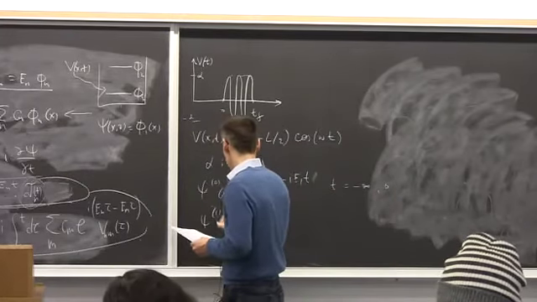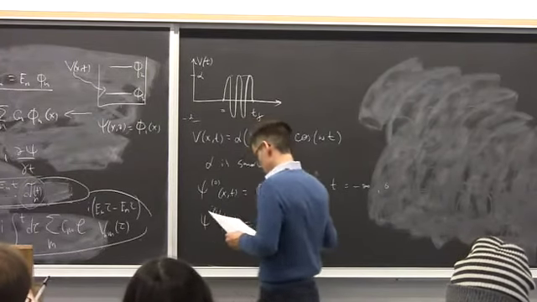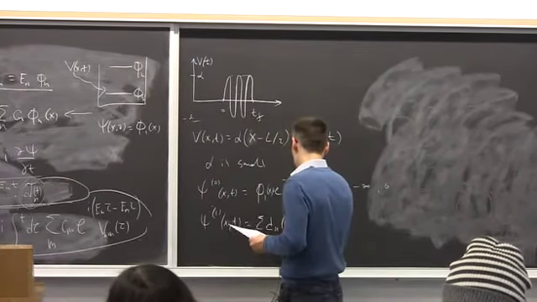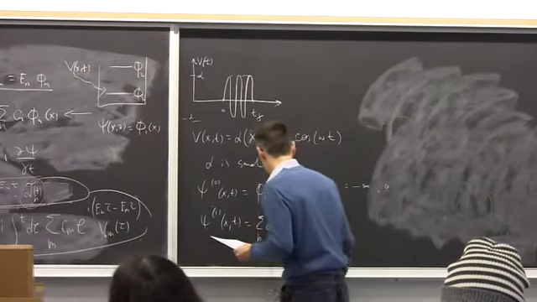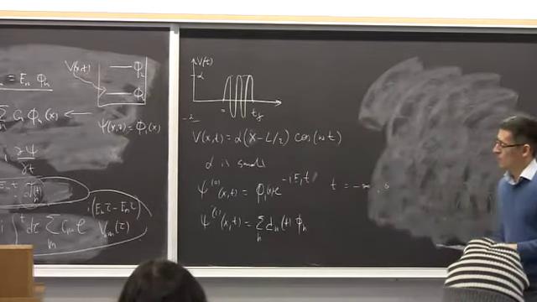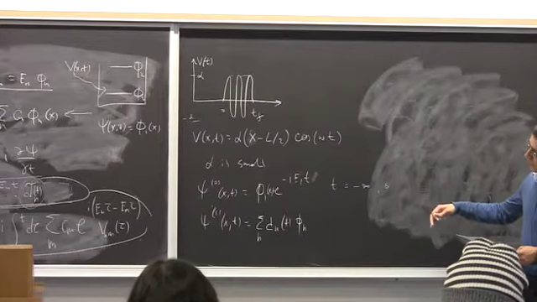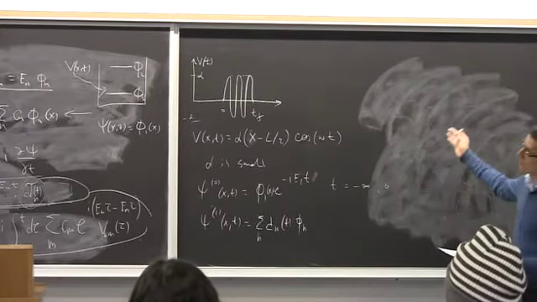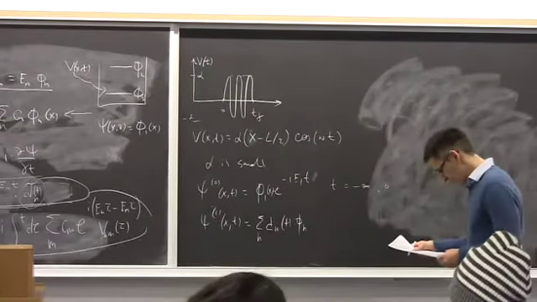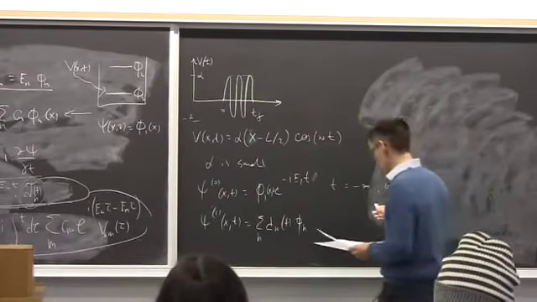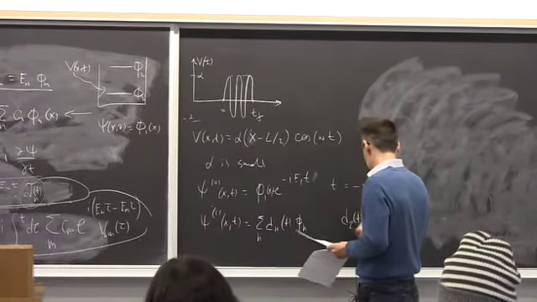and our psi 1 of x, t becomes a sum of d_n(t) times phi n's. So we cannot neglect the fact that our perturbation may excite any state, second or beyond. Now, just to calculate, let's start with D2.